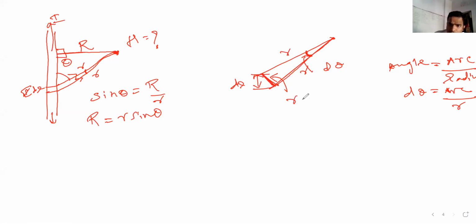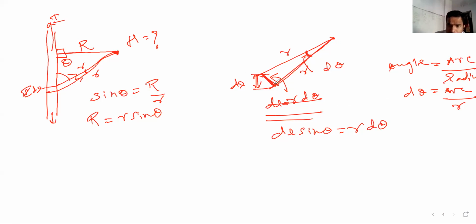This becomes dl sine theta. So I can say my dl sine theta is equal to r d theta.